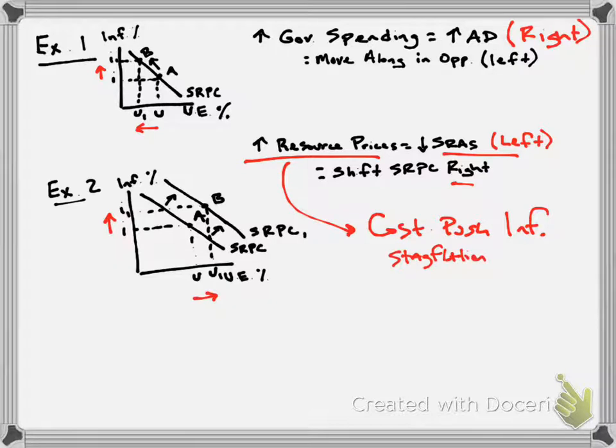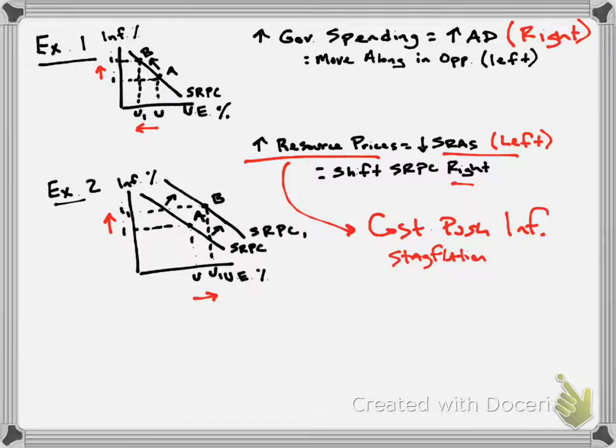So we can illustrate cost push inflation and stagflation on our Phillips curve as well as on our aggregate supply, aggregate demand graph. Okay? You would shift your SRAS left on the aggregate supply, aggregate demand graph. On the Phillips curve, you shift the SRPC to the right. I always refer to this scenario as double whammy bad because we have an increase in inflation and an increase in unemployment.